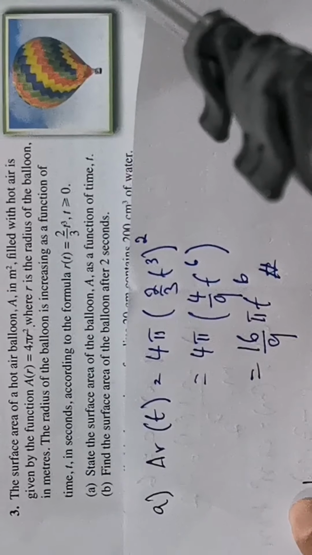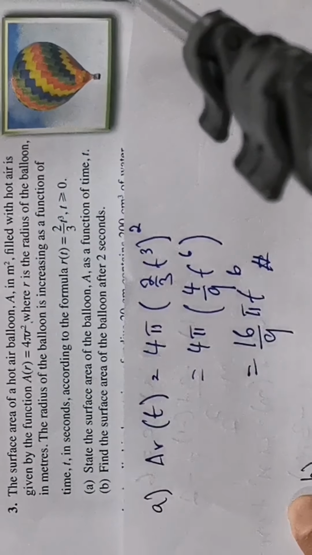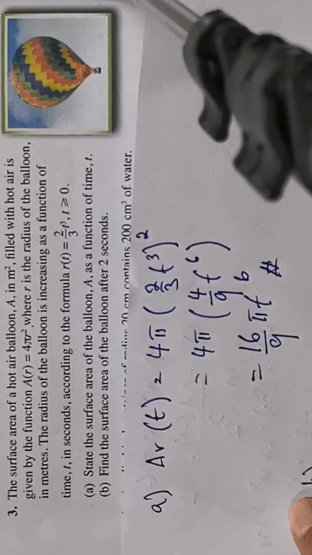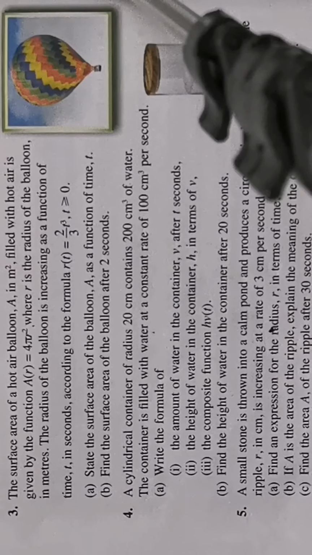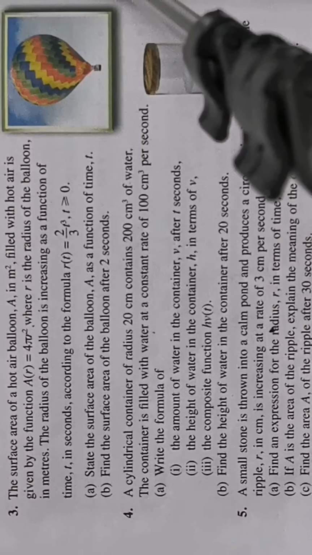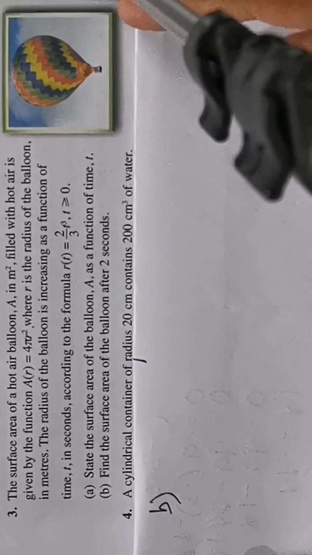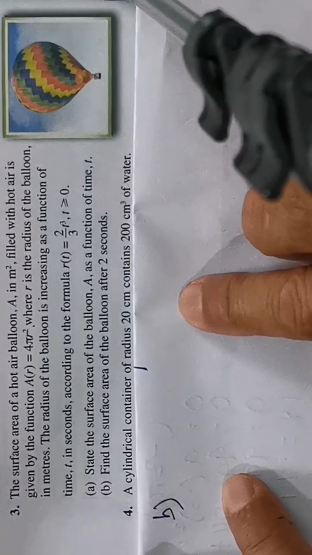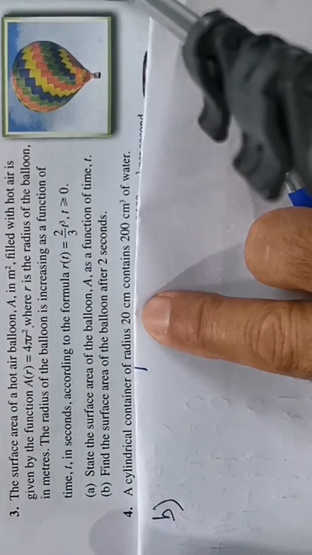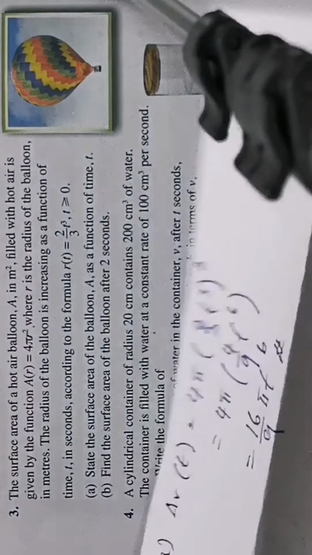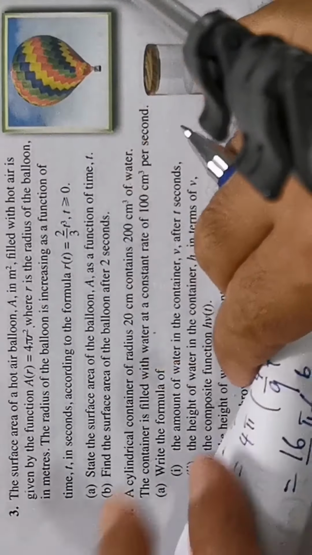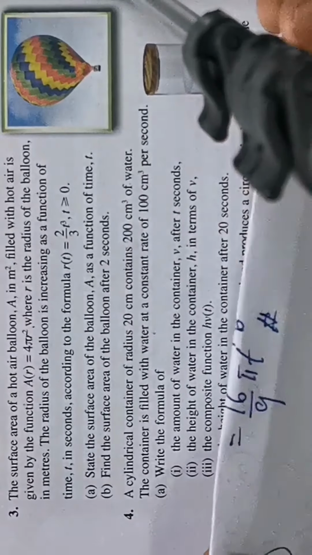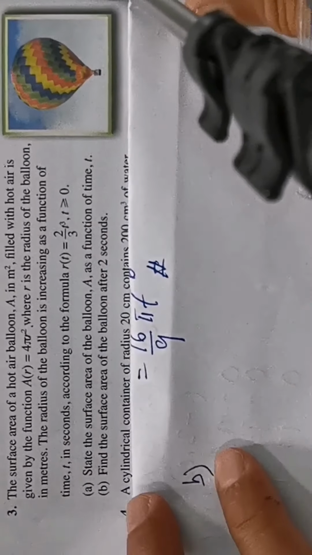For B, find the surface area of the balloon after 2 seconds. You just replace the value of t as 2 in this case.